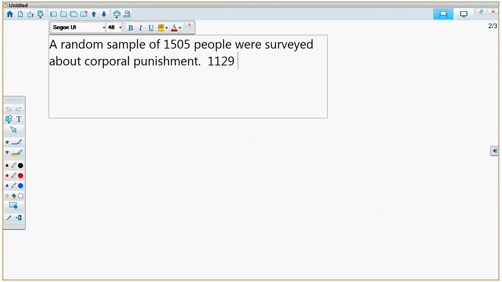1,129 people supported. I know that's a fragment. I'll just put a comma here and it won't be a fragment.